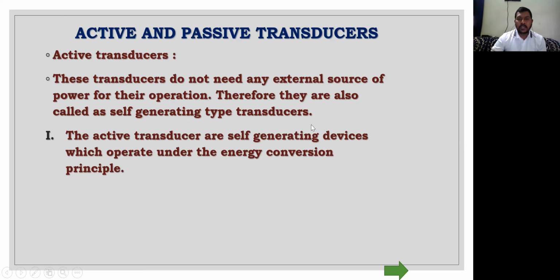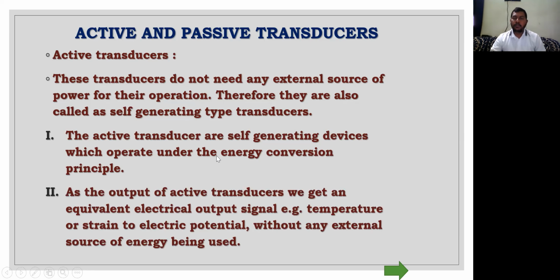The active transducers are self-generating devices which operate under the energy conversion principle. And second, as the output of active transducers, we get an equivalent electrical output signal, for example temperature or strain converted to electrical potentials without any external source of energy being used, right?